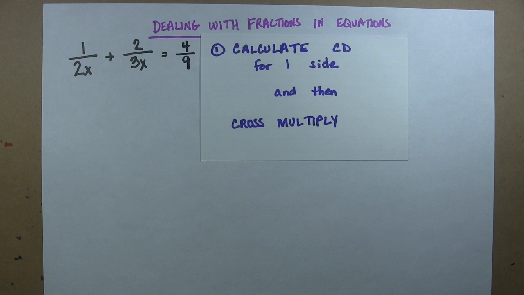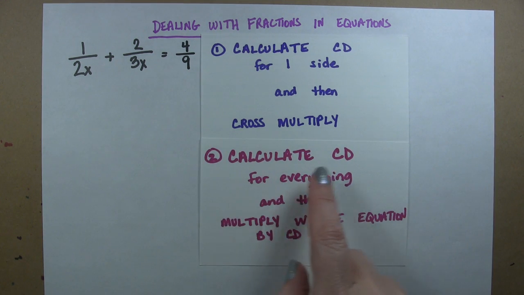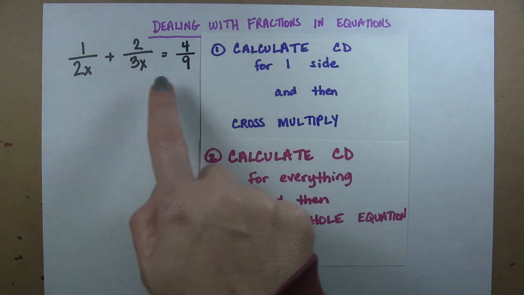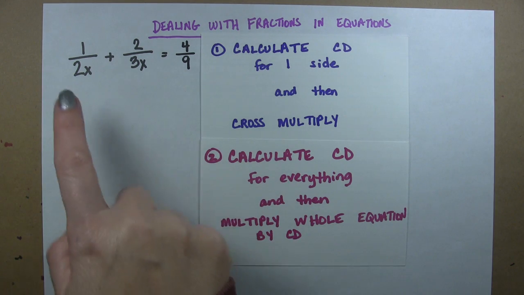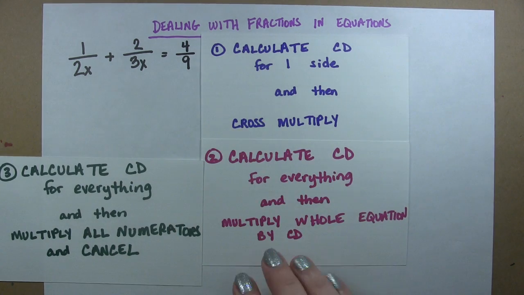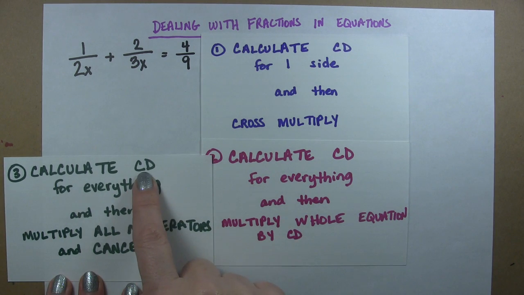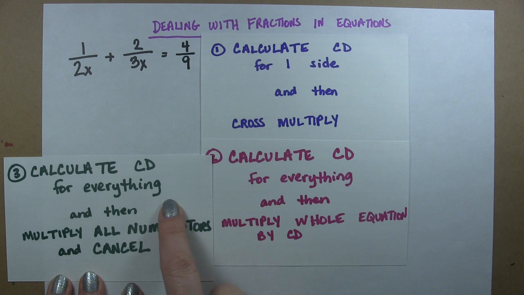The second technique is to calculate a common denominator for everything, and then multiply the whole equation by that same common denominator and have it disappear. The third technique is to calculate a common denominator for everything, then multiply all the numerators by that, and then cancel.